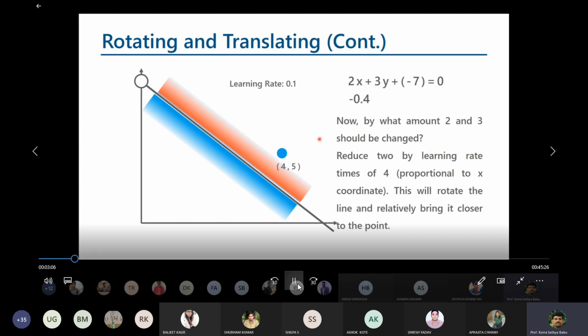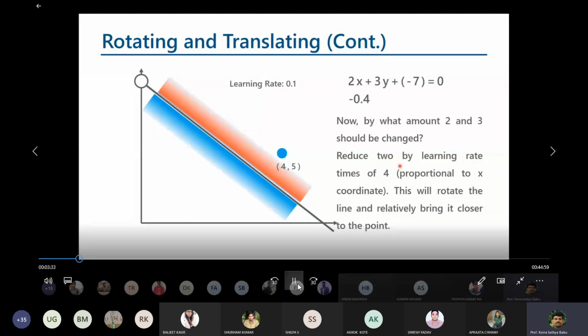If we are using a modified perceptron algorithm, what we need to do is reduce 2, this x coefficient, by learning rate times 4. So x and y: 4 into learning rate, reduce this, and this one, 5 into the learning rate, for the y coefficient. Okay, you have to do it.